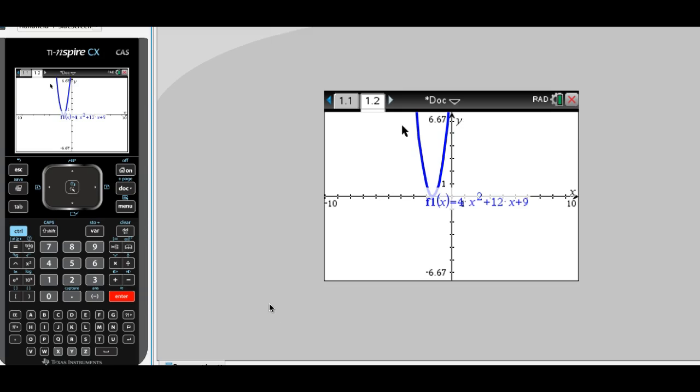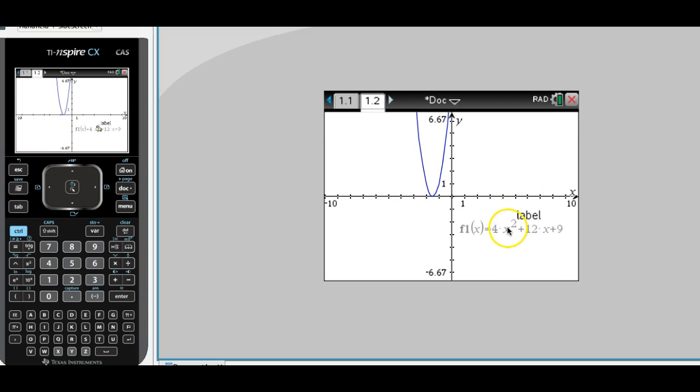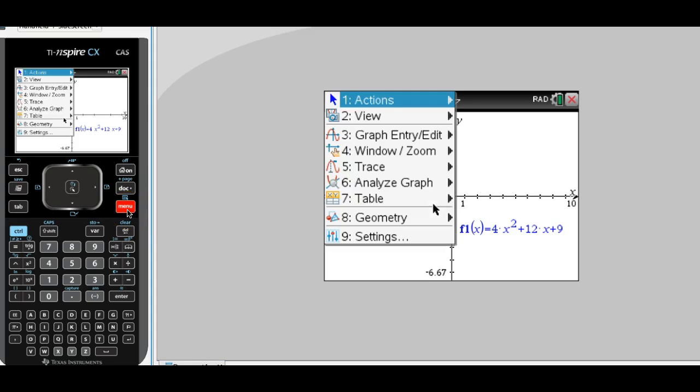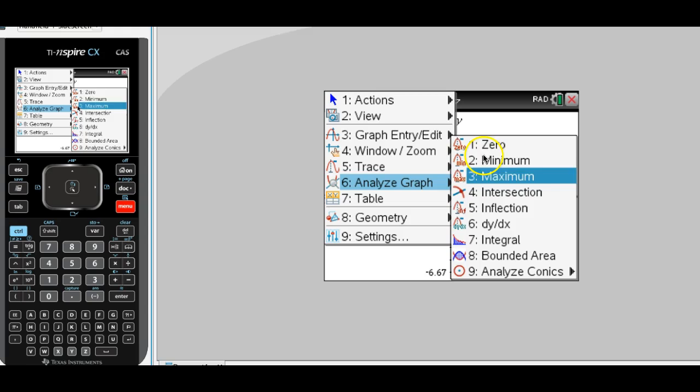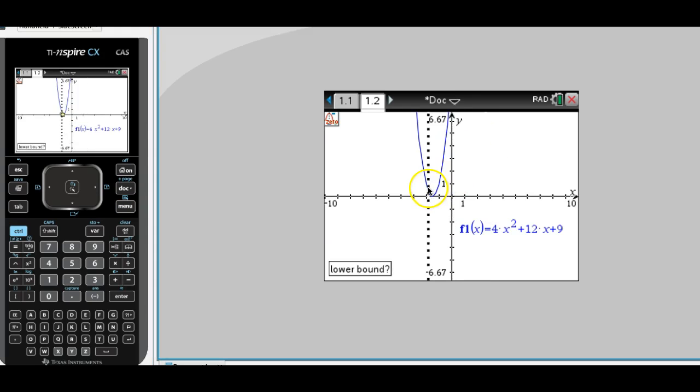So you don't have to type it again. And there it is. I might just move this out of the way so we can see there's our x-intercept there, negative 1.5. If you wanted to actually know what that is, there it is, negative 1.5.